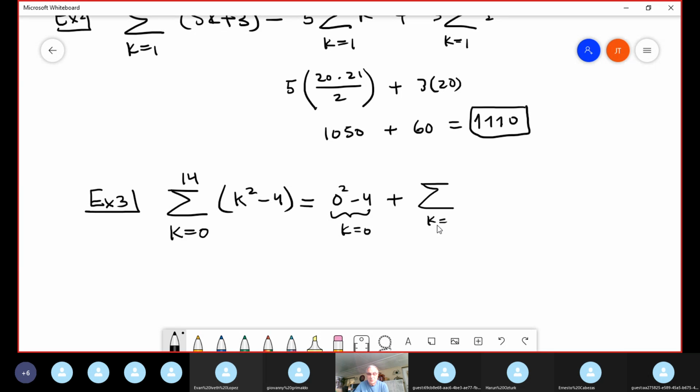Summation, K equal 1 to 14 of K squared minus 4. So at least I know that the first part is -4.